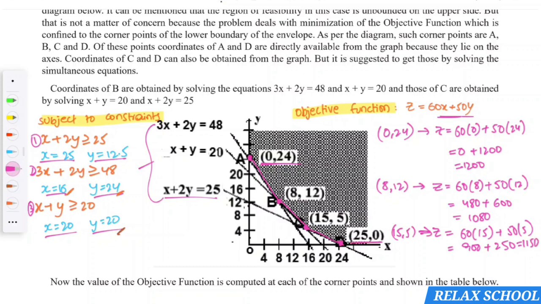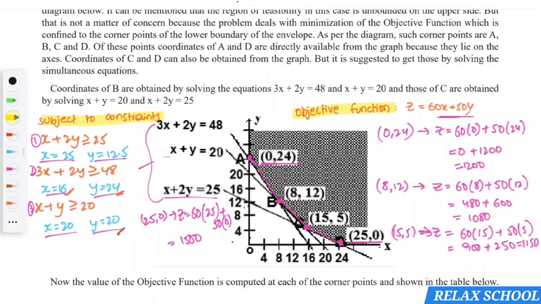Okay, now for the last line, let me just write it to the left side. 25, 0. That means z is equal to 60 into 25 plus 50 into 0. 60 25s, the answer would be 1500.